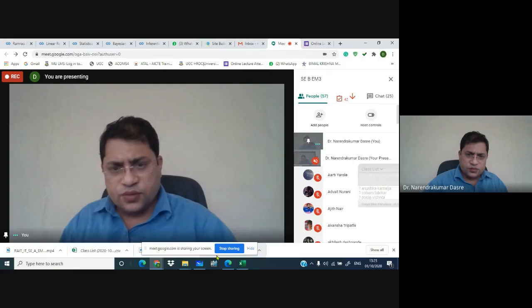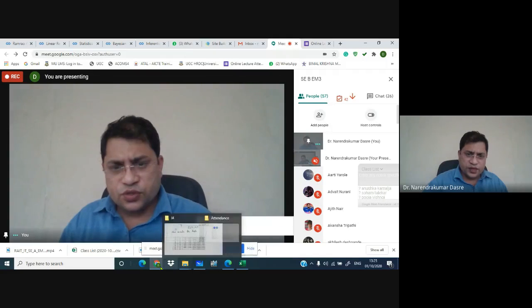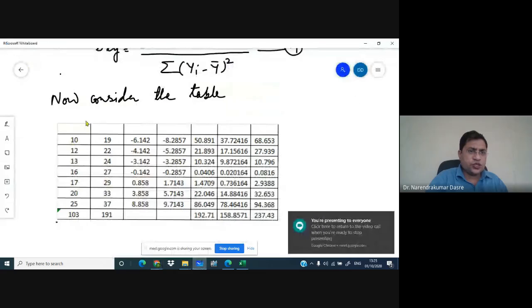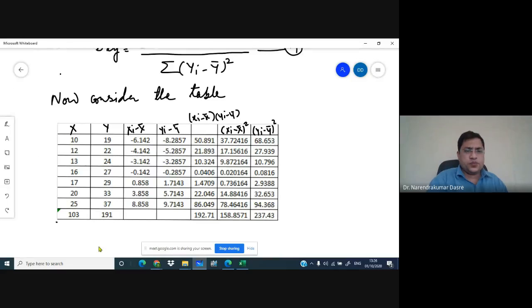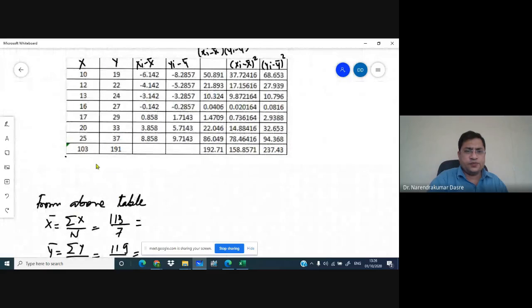So please check once. This should be your calculations. This is x, this is y, this is xi minus x bar, this is yi minus y bar. This is xi minus x bar into yi minus y bar. This is xi minus x bar square, and this is yi minus y bar square. Okay, so this is what you should get.